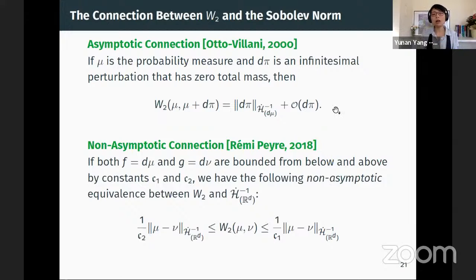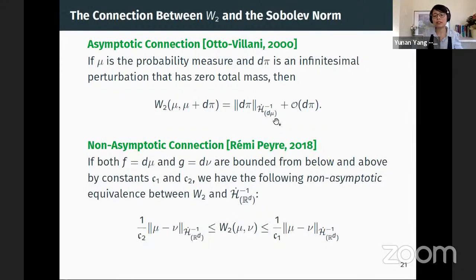So this asymptotic and non-asymptotic result tells me that in terms of the spectral bias, W2 is almost the same order as h-1. It may not be exactly the same, but it's almost the same as h-1. The slight difference is in the weighting part.